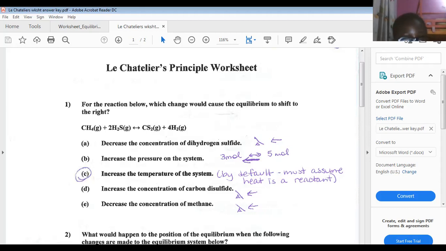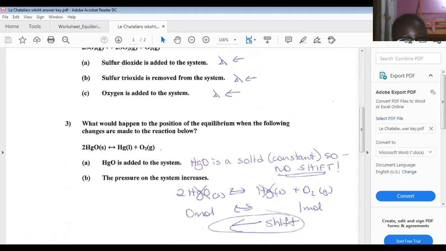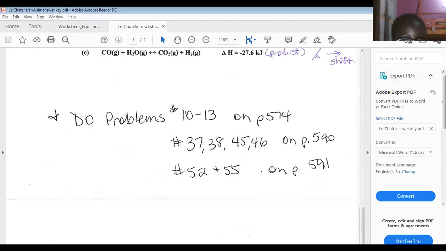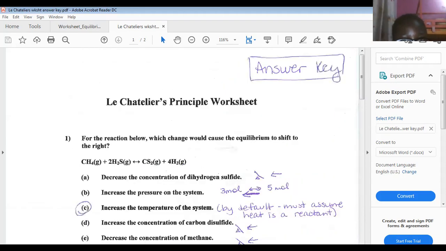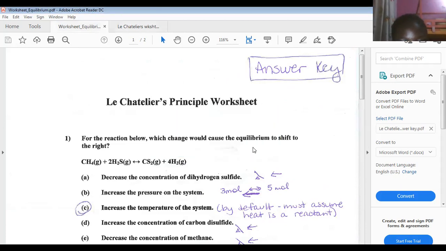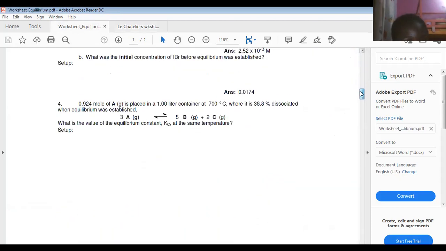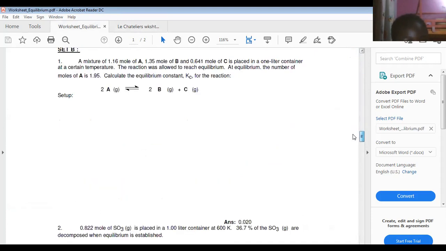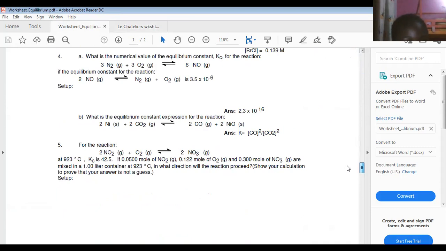Do you understand? Yes, sir. Any question? No. Okay. We'll be able to treat all these equilibrium constant questions next time we meet. They are awesome, they are not difficult. Something we have been doing together and something we can do again.